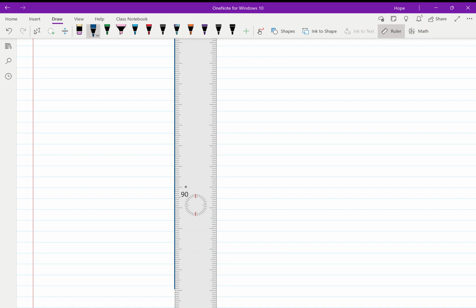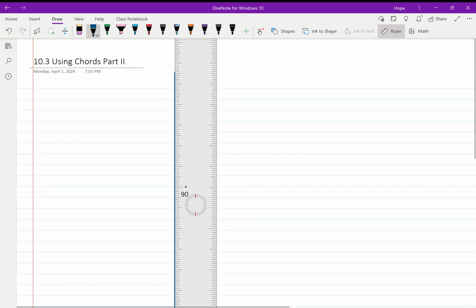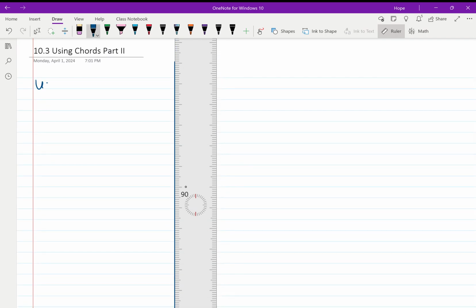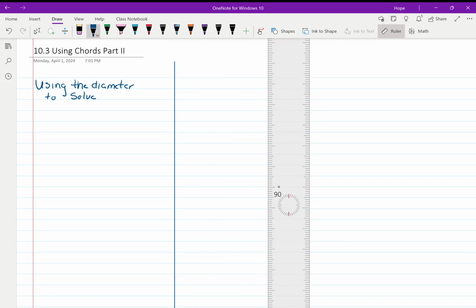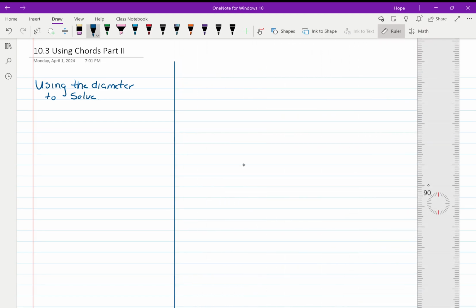So we're going to do using the diameter to solve. All right, and this is actually example 2 in your book.